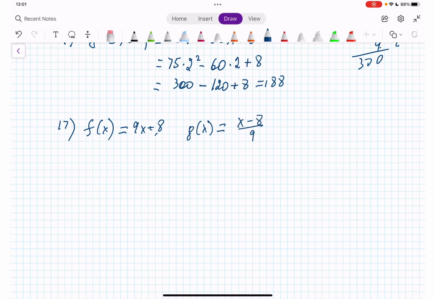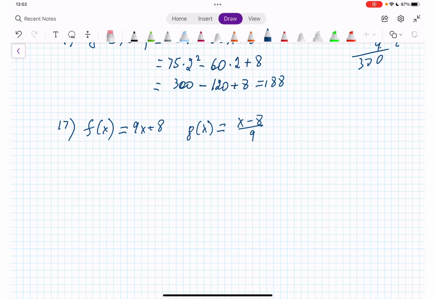Okay, let's take f of x and find the inverse, and we can figure out whether we got an inverse or not. If these two are inverses, then if I get the inverse of f of x, I should get g of x, x minus 8 over 9. Let's see if that's what we will get.